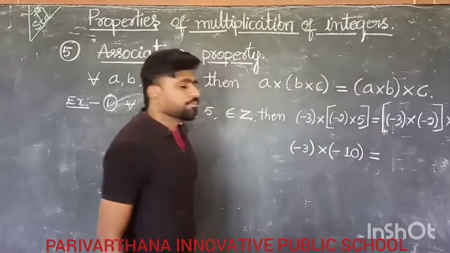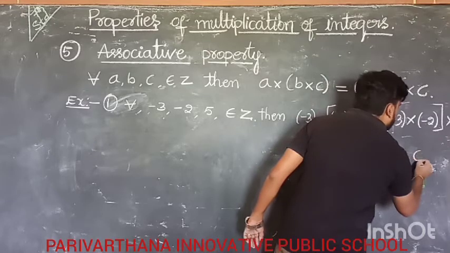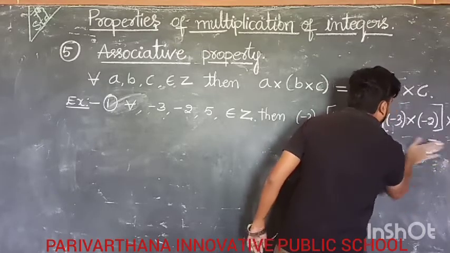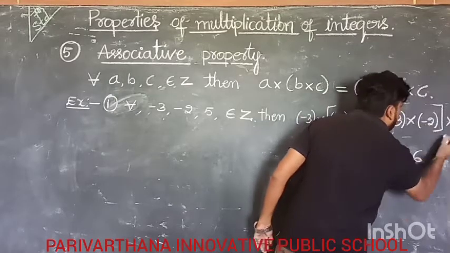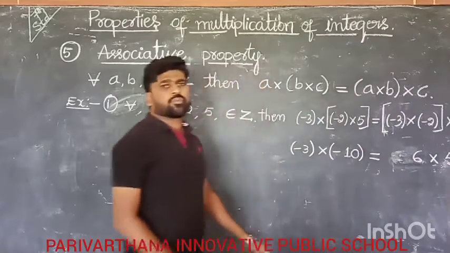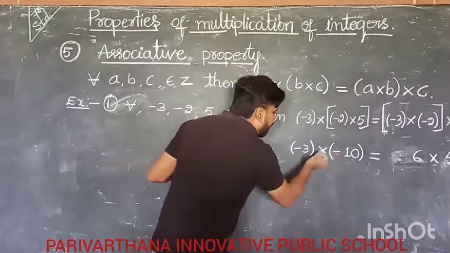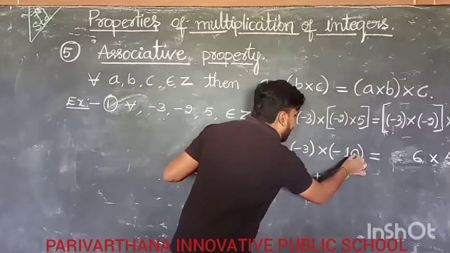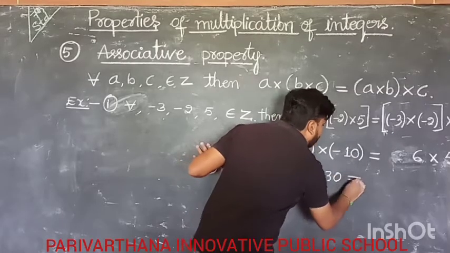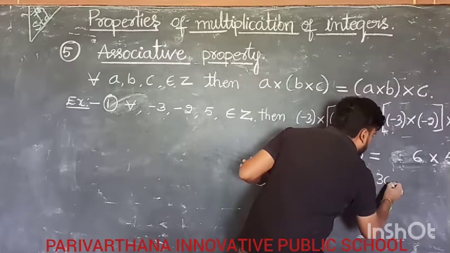Here, open the bracket. That is minus into minus plus, 3 2s are 6, into 5. Nothing written means symbolically it is plus. Next here, minus into minus plus, 10 3s are 30, is equal to 6 5s are plus into plus plus, 6 5s are 30.